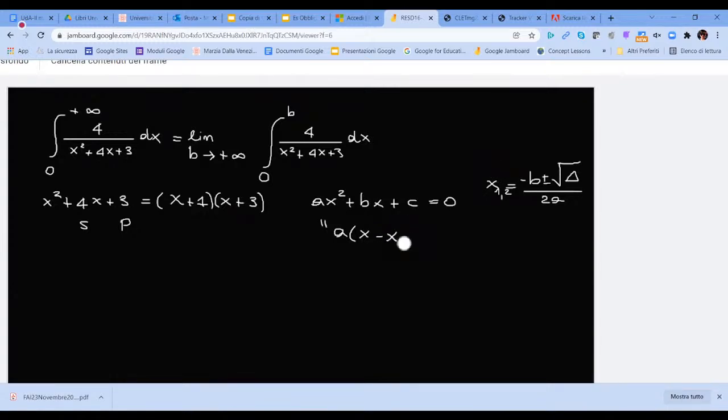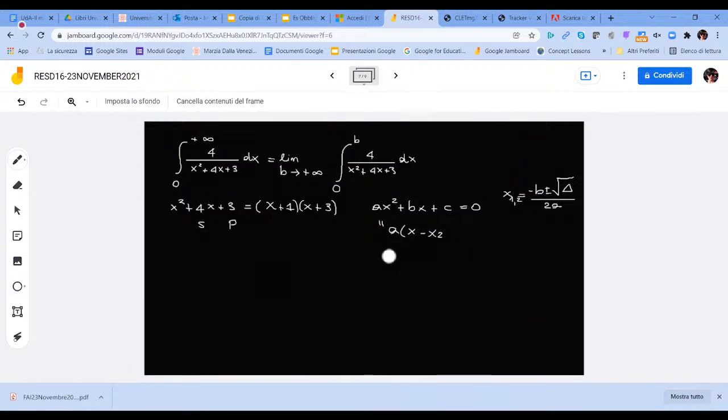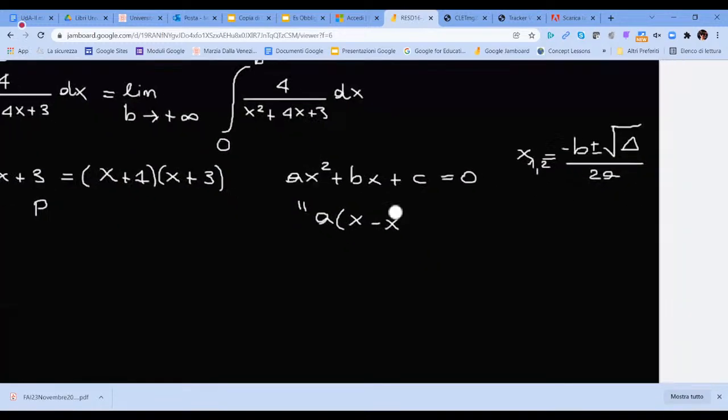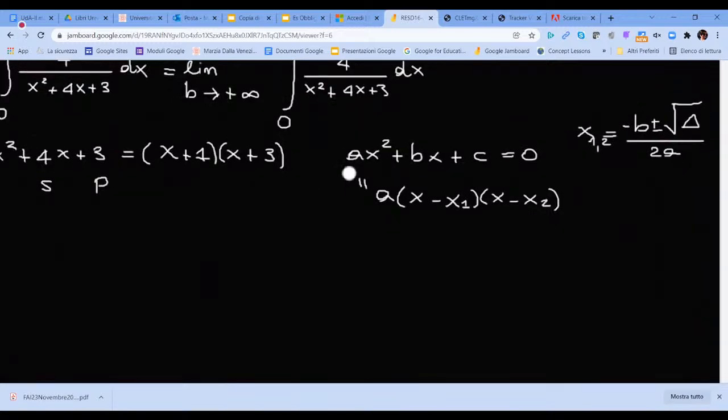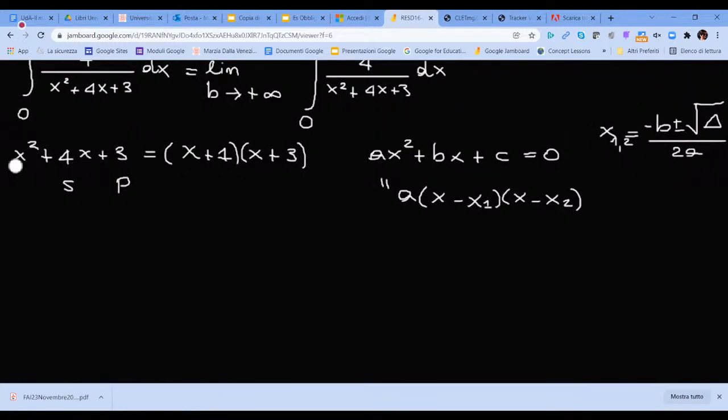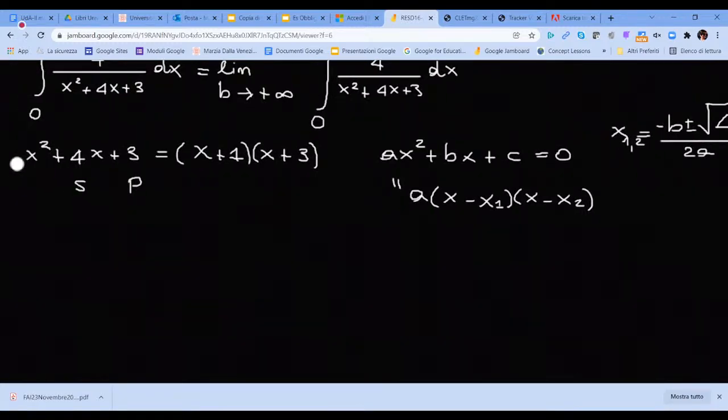You can split this polynomial in the product of these two parentheses. Of course, we had 1 as a factor in front of the first term of the polynomial, so that means it is 1 times these two parentheses.